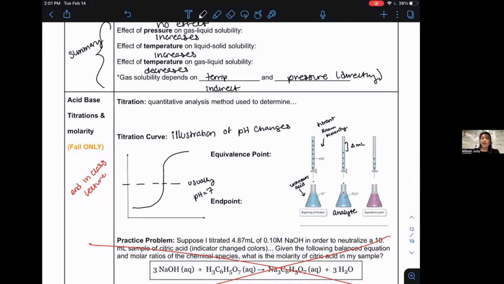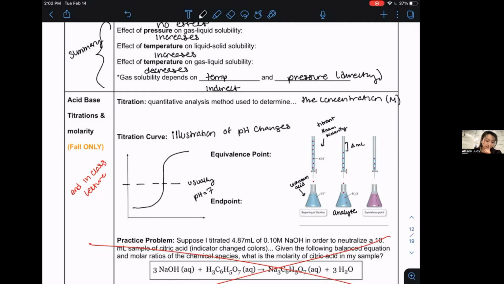So one final thing, when we talk about solutions, there's a lab method called titration. Titration is what we call a quantitative analysis method that's used to determine the concentration, which by the way is molarity, right?